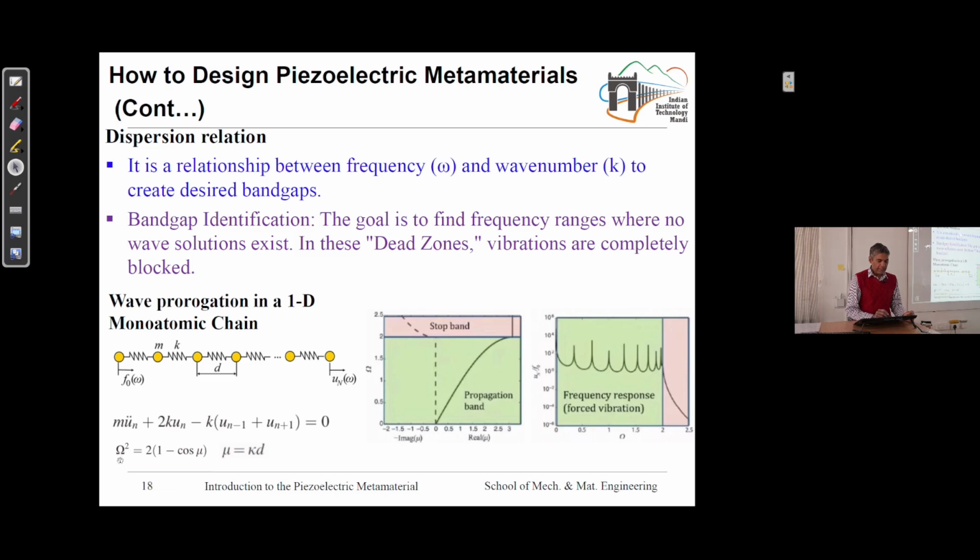Here omega is the ratio of omega and omega naught. If we have only 10 masses or 10 springs, this is the range where the waves are passing, or the frequencies at which the system will vibrate. These are the 10 modes, and higher frequencies do not have any effect on the system.